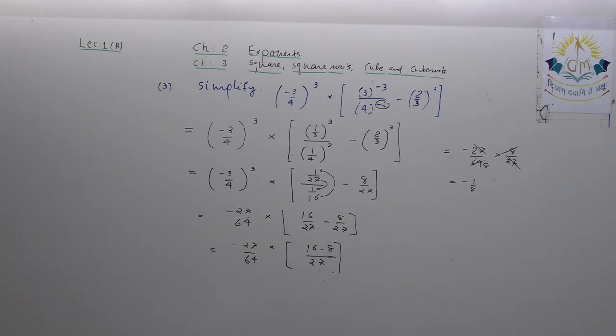But first you please check your basics in solving this particular example and feel comfortable to write it down, right? Minus 1 upon 8, that's the answer we got for this.